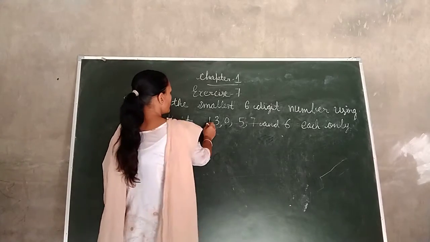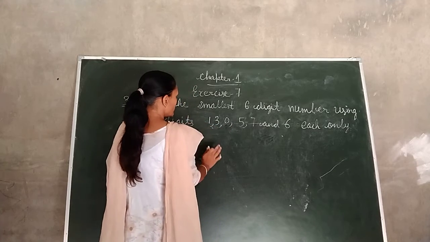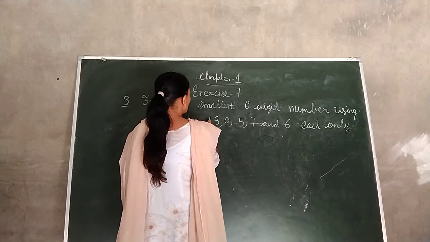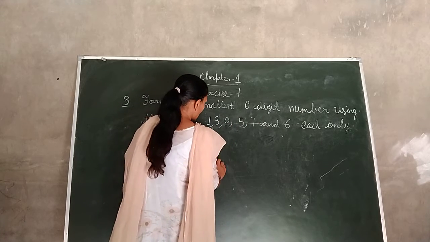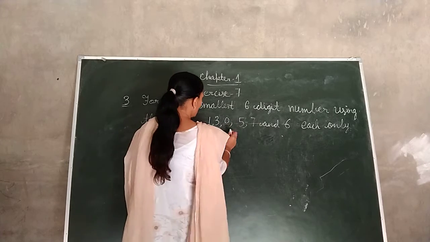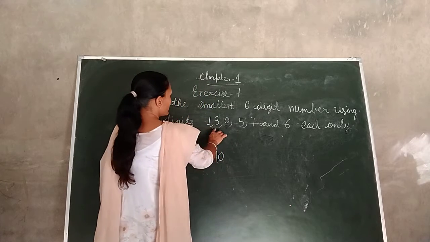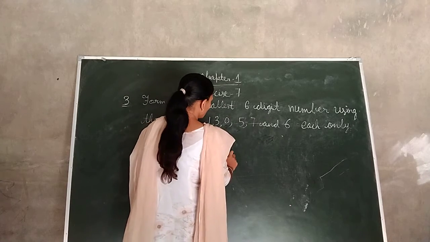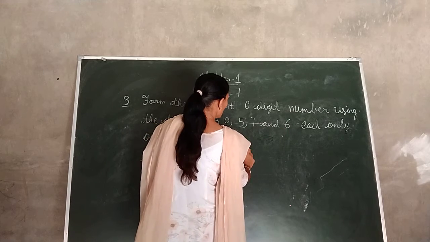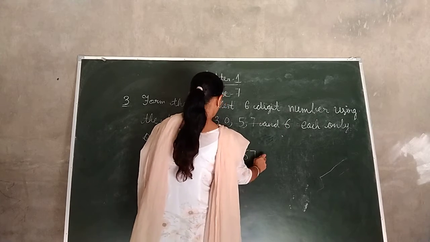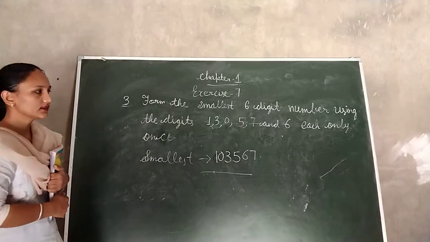First of all, which is the smallest? 0, but we can't write it as the starting digit. So which is the smallest among these 5 digits? 1. So we will write 1 here, and after that we will insert 0. Next, which is the smallest? 3. Next, 5. Next, 6. Next, 7. So this is the smallest number.